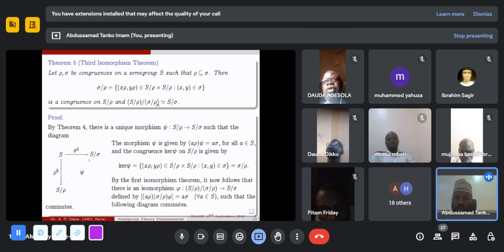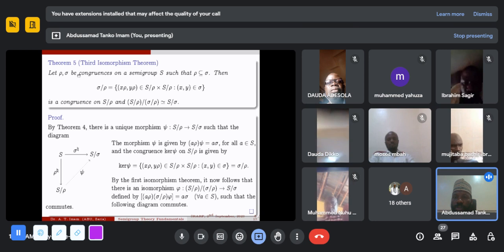So no more information one can achieve by taking quotient of the quotient. This is what the third isomorphism theorem is saying here. And this theorem is just application of the first isomorphism theorem and theorem 4, that we generalization of the first isomorphism theorem.